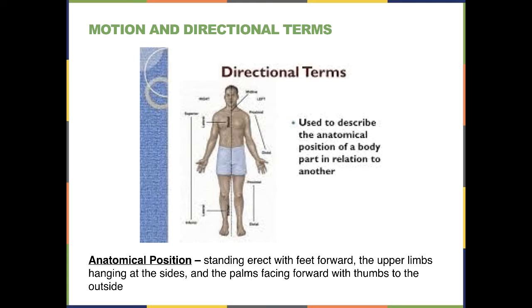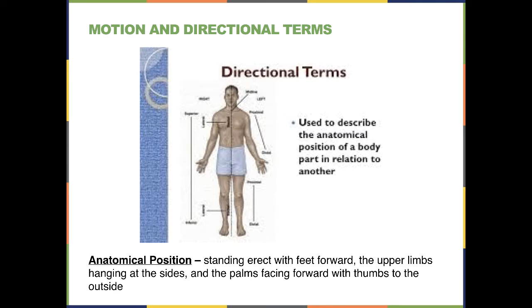And this diagram of this fella is in the anatomical position. An anatomical position is a person standing upright, facing forward with their feet forward, their lower extremities hanging down to their sides, their palms facing out with the thumbs on the outside.